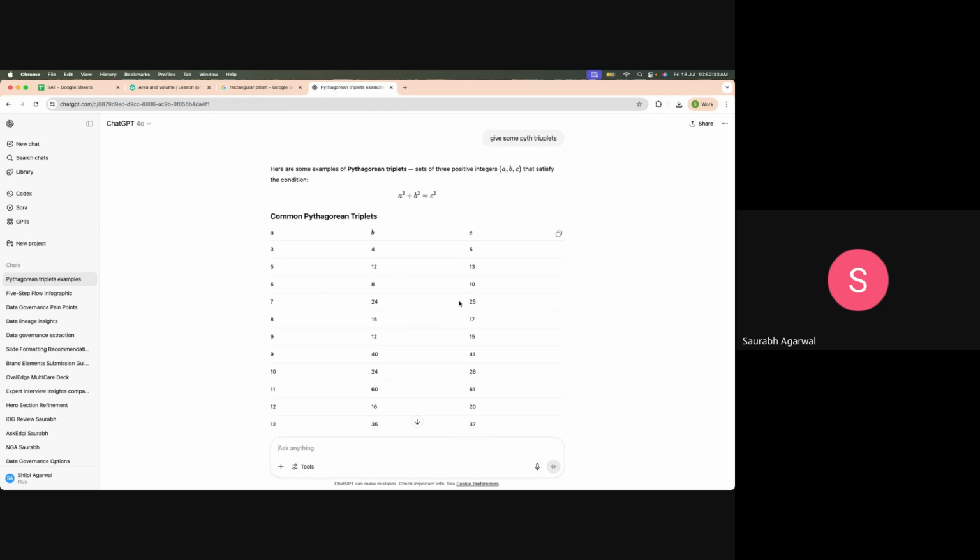So obviously this is proportional. You just need to remember 3, 4, and 5. If there is any triplet which is a multiple, like 3 times 3, 9; 4 times 3, 12, so 9, 12, 15 will also be a triplet. So you need not remember those. You just need to remember the basic ones.